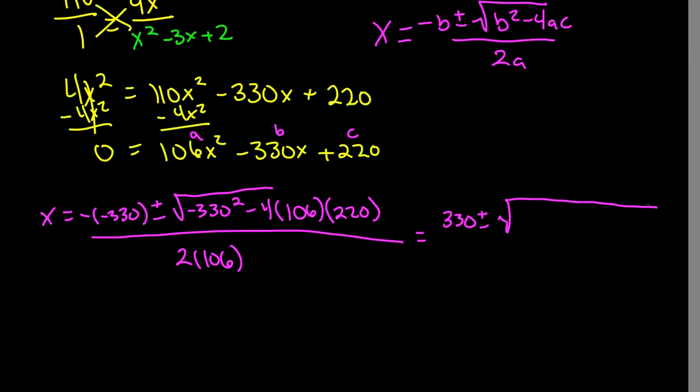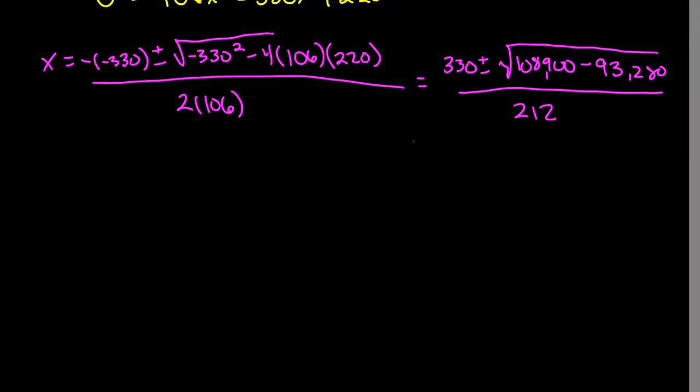Negative 330 squared becomes positive, so 330 squared is 108,900, minus 4 times 106 times 220, which is 93,280, over 2 times 106, so that's 212.